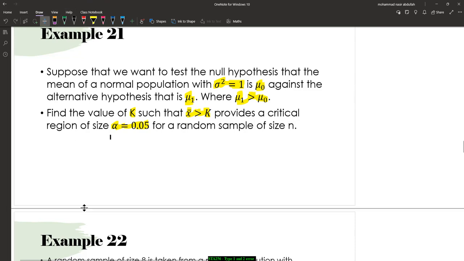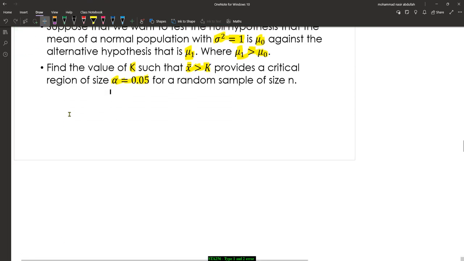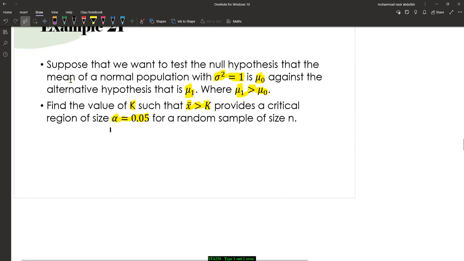Okay, dekat sini, let me find some space. Apa yang dia nak cari dekat sini adalah, let's say this is a normal distribution kan.